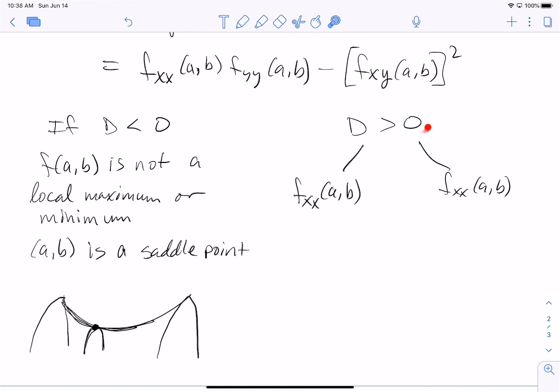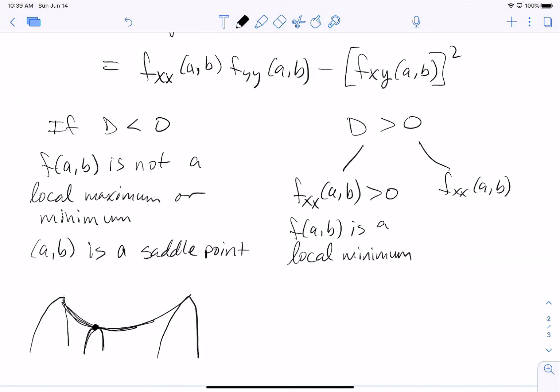If D is positive and the second partial fxx at AB is also positive, then f at AB is a local minimum. For this, think about the second derivative in single variable calculus. If the second derivative is positive at a critical number, then your curve is concave up and you have a local minimum. So it's the same criterion.